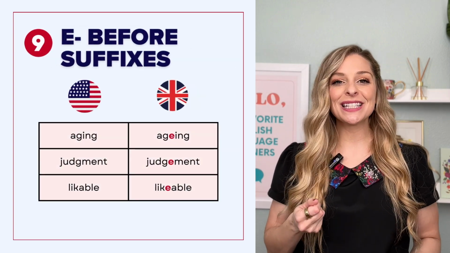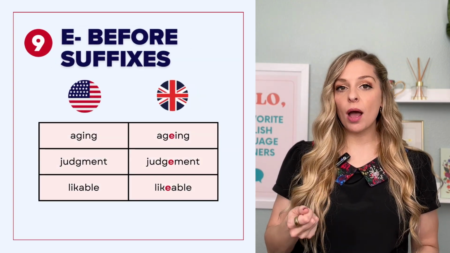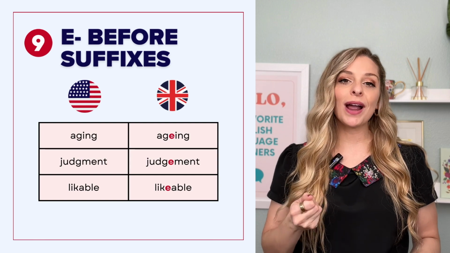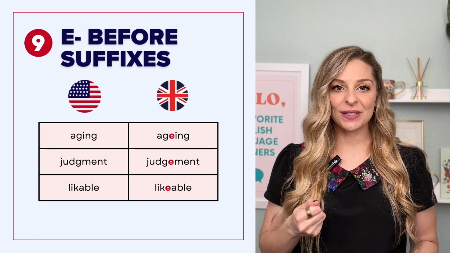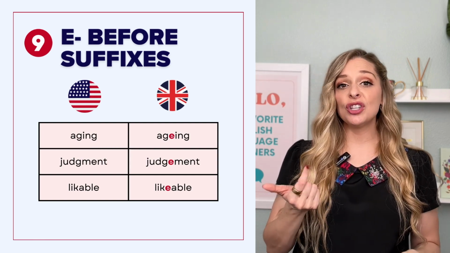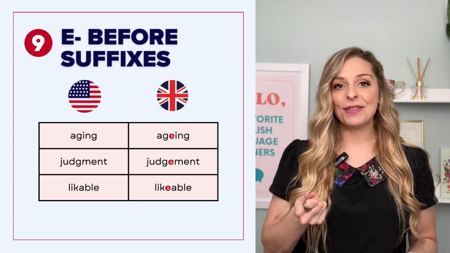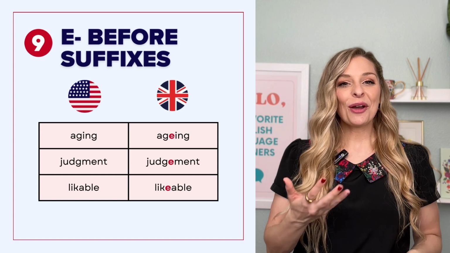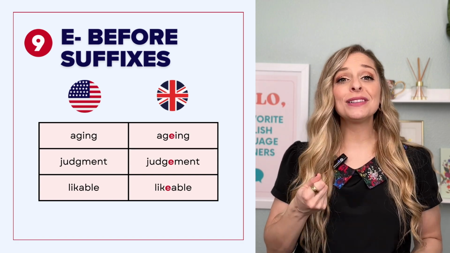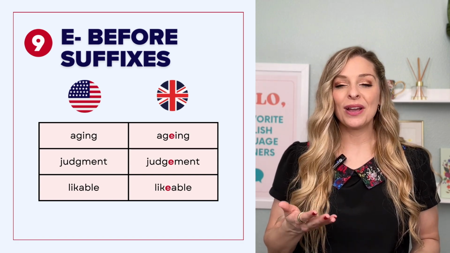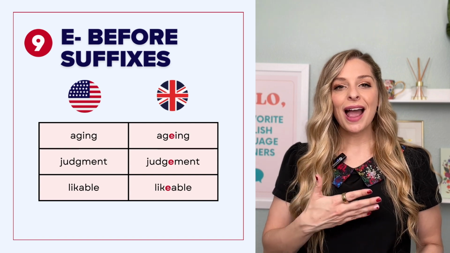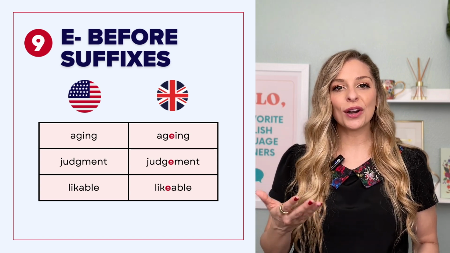And another difference in spelling is how Americans drop or delete the E before adding suffixes onto their words. For example, in words like aging, judgment, and likable. But in British English, you can see that they keep the E before those endings. Now, this was actually new and a big relief to me when I found this out, because for me personally, I always struggled spelling the word judgment.